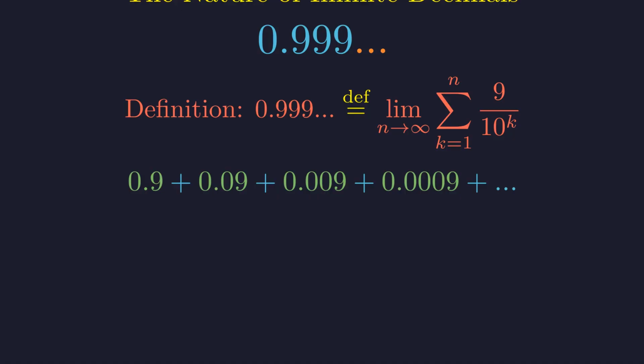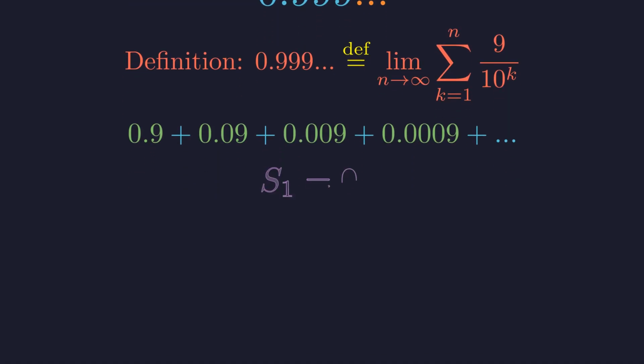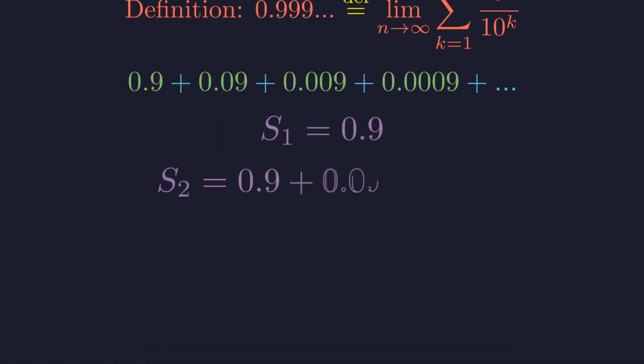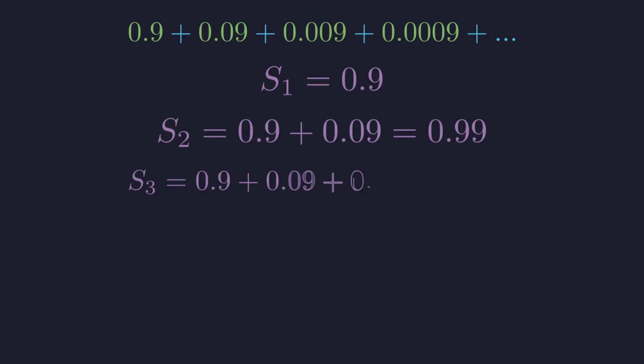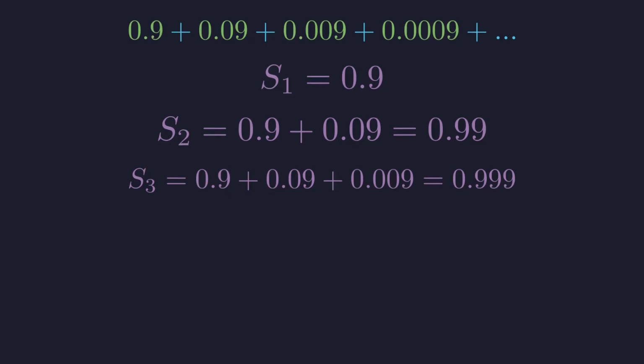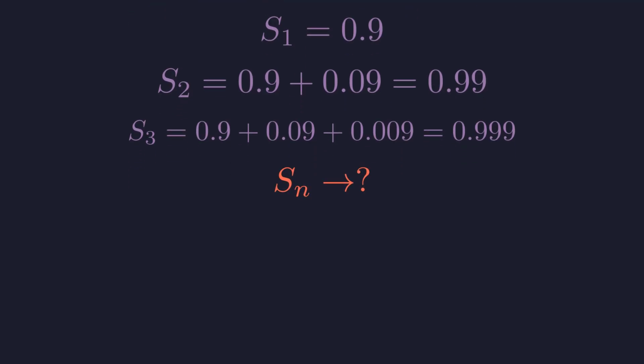Each term gets 10 times smaller than the previous one. Let's see how these partial sums behave. The first partial sum is just 0.9. The second partial sum is 0.99. The third is 0.999. As n approaches infinity, what do these partial sums approach?